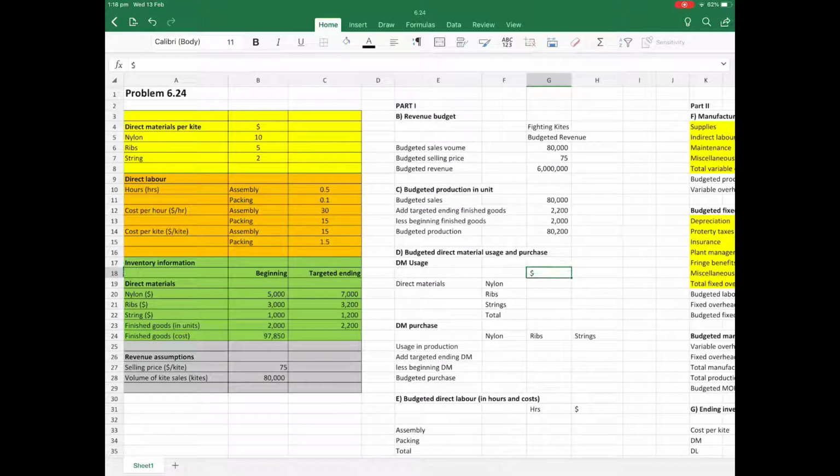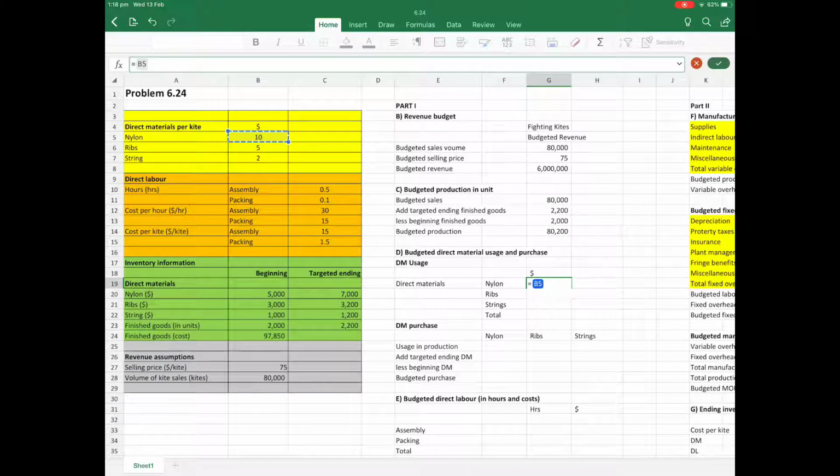Now we move to D, which is the budgeted direct material usage and purchase. So how do we know how much direct material we will use during the period? We have to base it on the budgeted production and the amount of money per kite for direct materials. So for nylon, $10 per kite and we produce 80,200 kites.